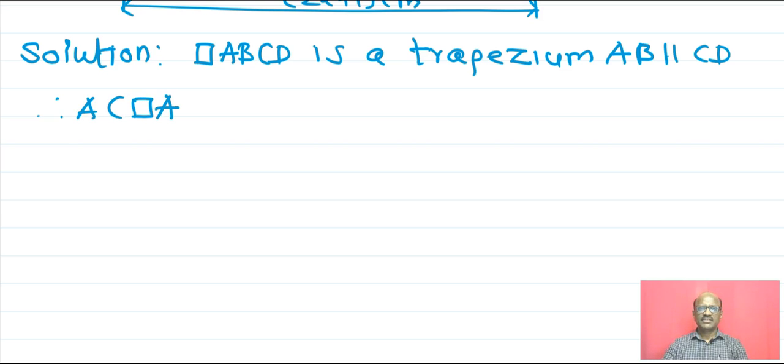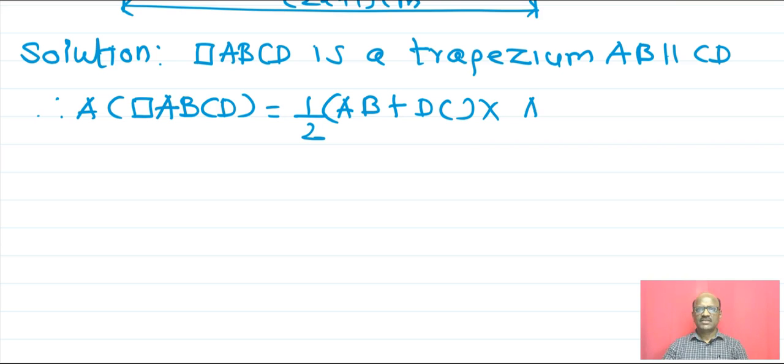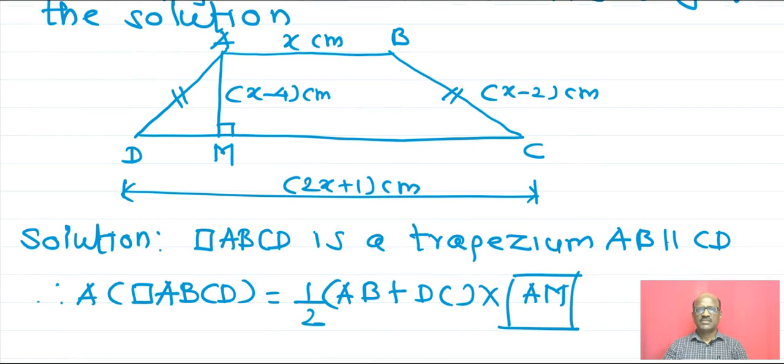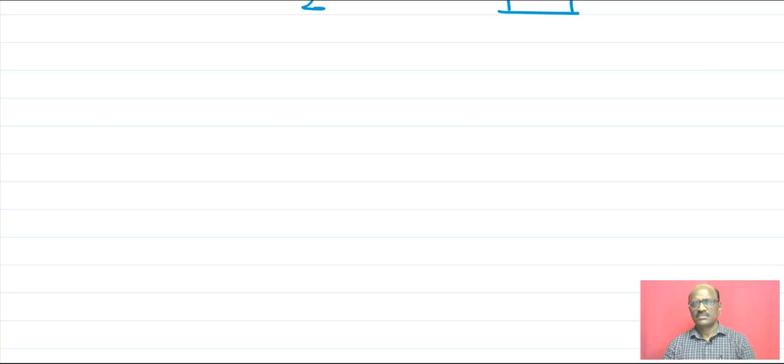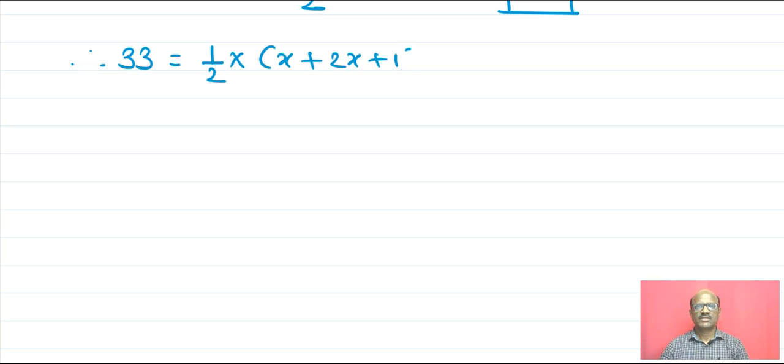Therefore, the area of quadrilateral ABCD is equal to 1 upon 2 into the sum of the parallel sides into AM. AM is the height, that is the distance between the two parallel sides. That is 33 is equal to 1 upon 2 in bracket x plus 2x plus 1 into x minus 4.